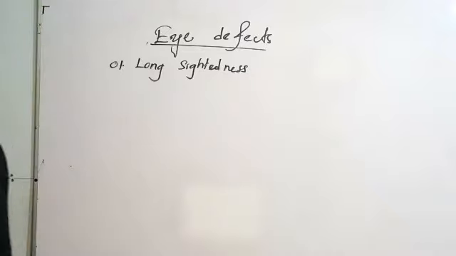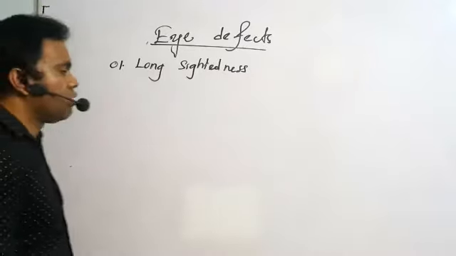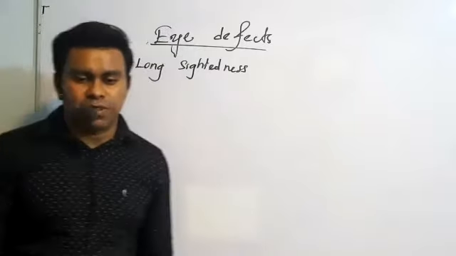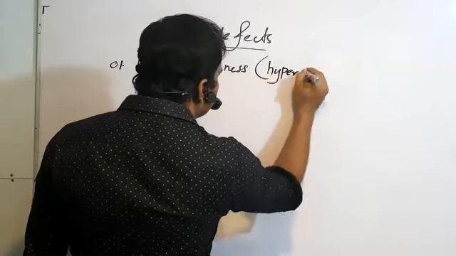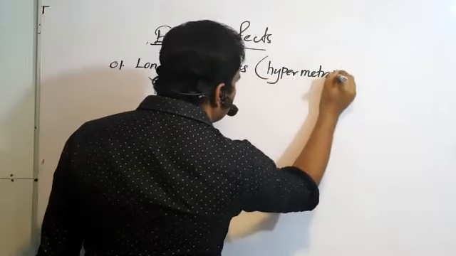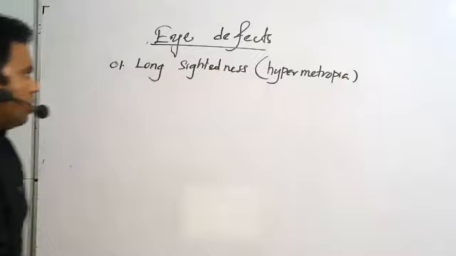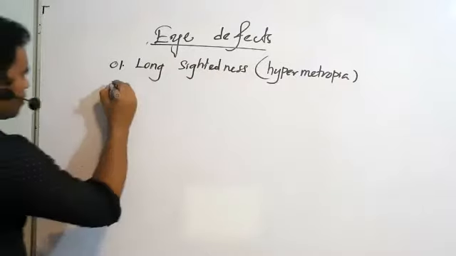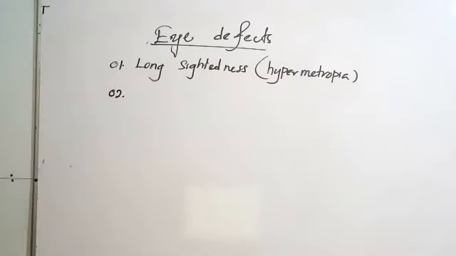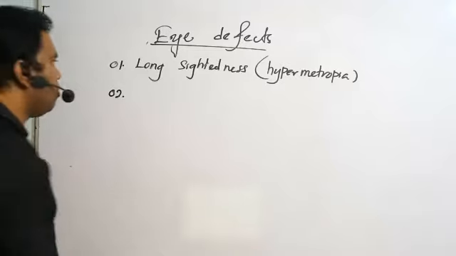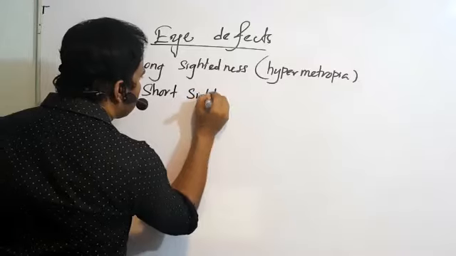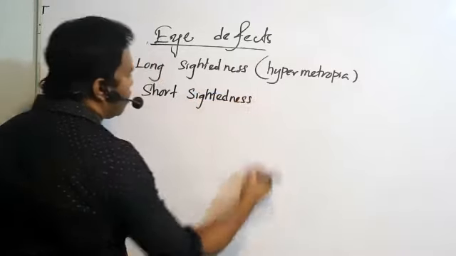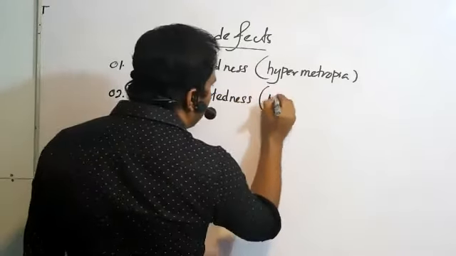Long sightedness. In your book, it has been given as long sight. We call it hypermetropia. Second one, short sightedness, myopia.